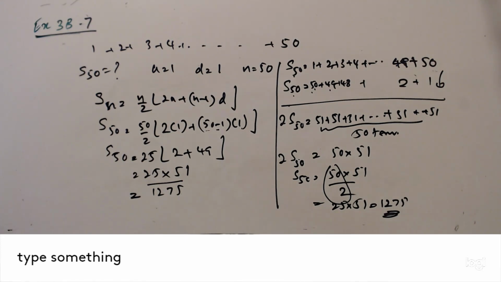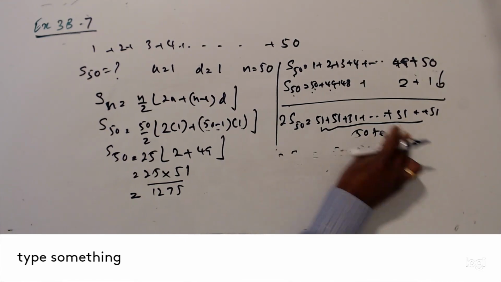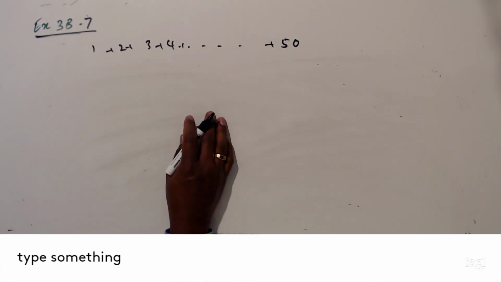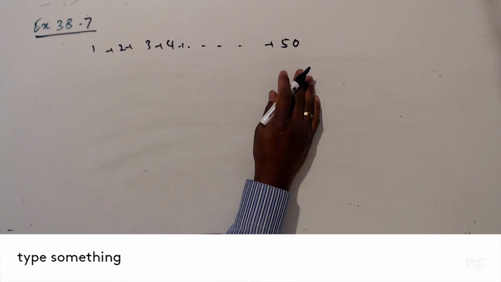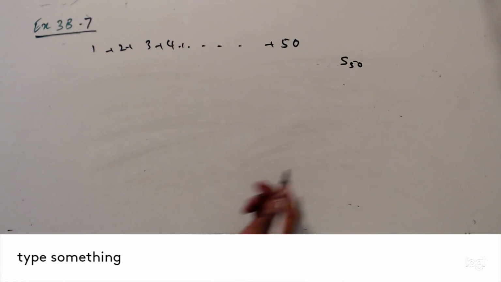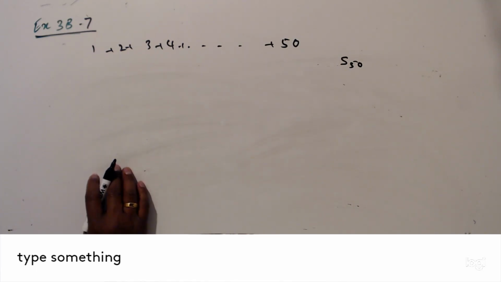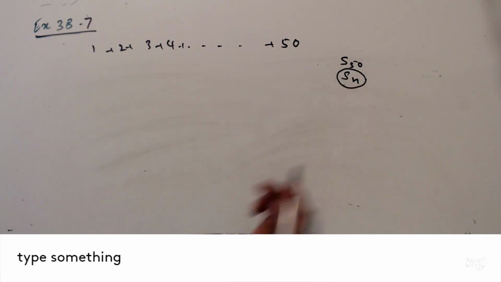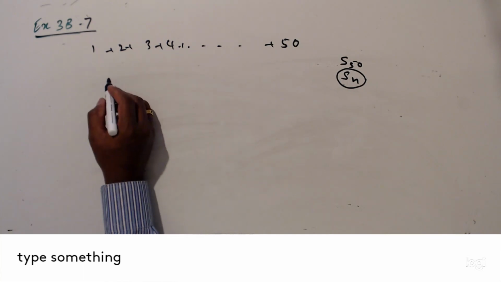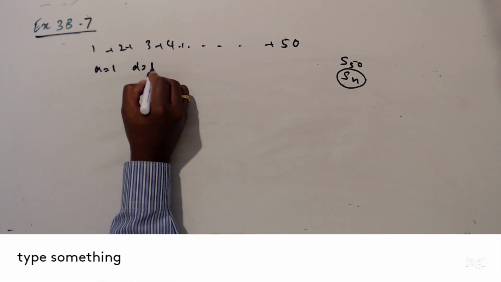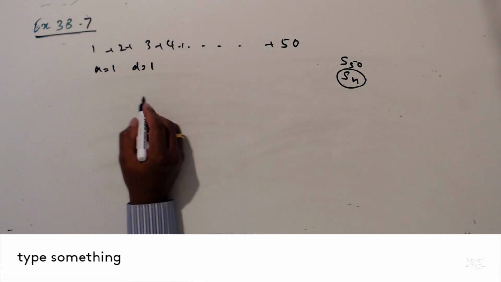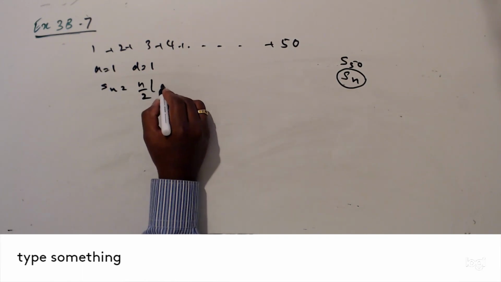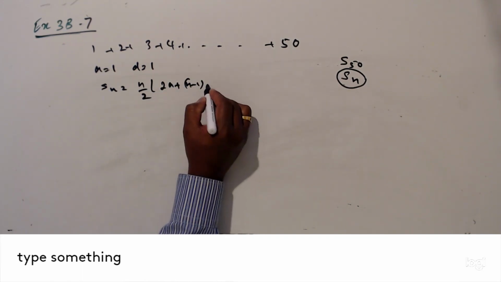This is an extension to this sum, which is very important. In here we calculated the addition of the first 50 terms. What is the addition of the first n terms? We'll work out a equals 1, d equals 1. The formula is S n equals n divided by 2, 2a plus n minus 1 times d.